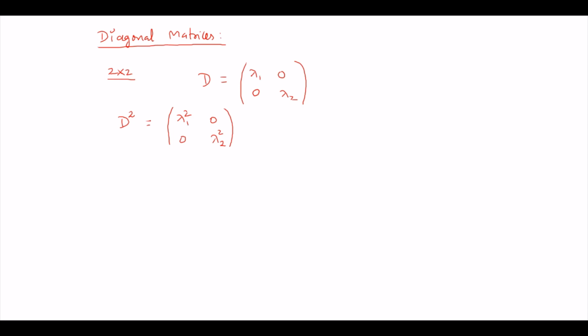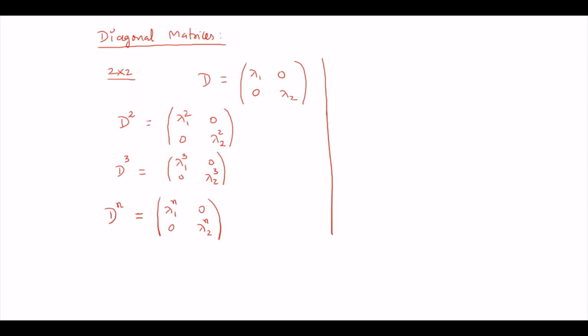So if you want to calculate D cube, simply you take the cube of this, and if you want to calculate the nth power where n is an integer, you can calculate lambda 1 power n, 0, 0, lambda 2 power n. That's it. This you can extend for any n by n matrix.